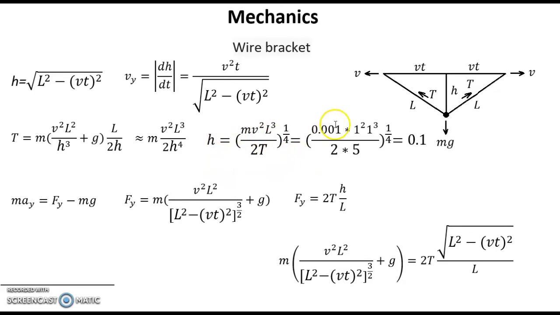So we have mass 1 gram, which is 1 over 1000 kilogram. V square, that's 1 square. L cube, that's 1 cube. And 2 tensions, that's 2 multiplied by 5. So totally we have 10 power negative 4 here.